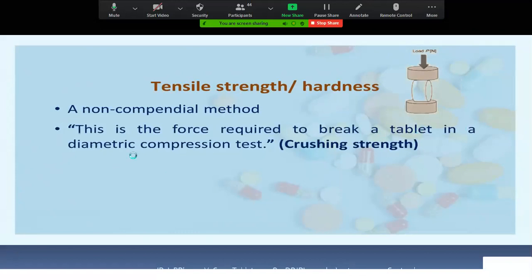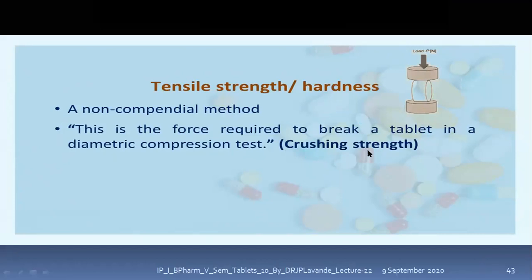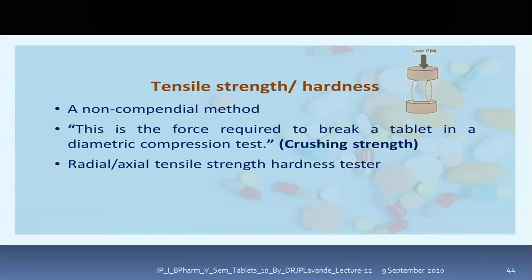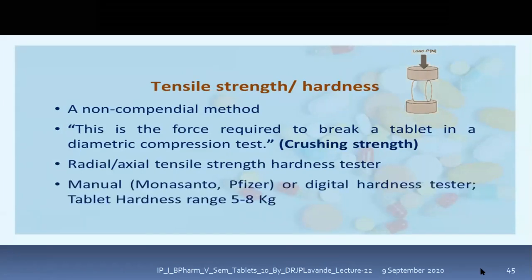What is the diametric compression test? The tablet is compressed across its diameter, across its largest length. If the tablet is circular, then the largest diameter is considered, and that gives the crushing strength. The force or the amount of pressure required is called the crushing strength. So radial or axial tensile strength is what is measured in a hardness tester.